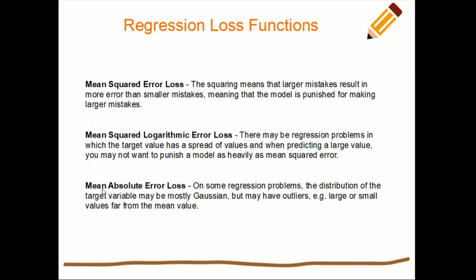And then we also have the concept of a mean absolute error loss. So, for example, if you have outliers, large or small values, then it might be good to have mean absolute error loss, so you want to basically average out the errors in both directions. Okay.